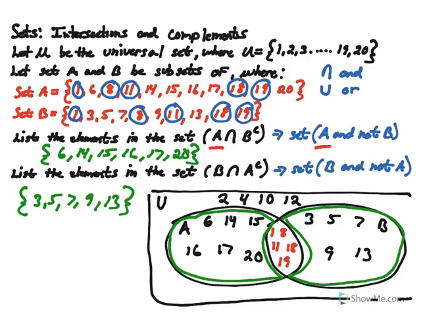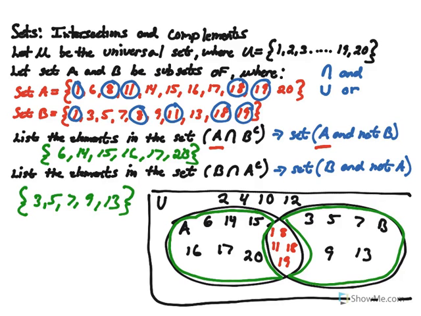Remember, the universal set contains 1 through 20, and don't forget we organized these elements so that 2, 4, 10, and 12 were not in either set A or B, so we had to put them in the universal set. That's why they're separate from A and B.